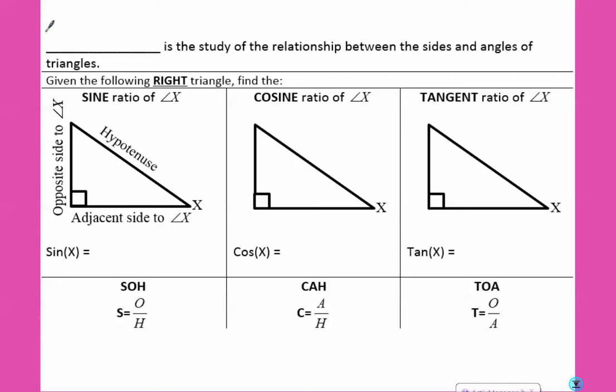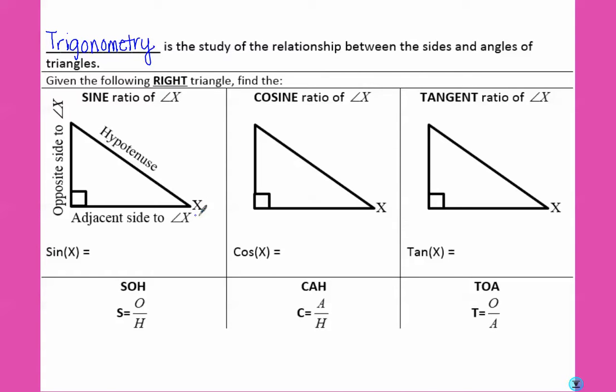So, trigonometry is the study of the relationship between sides and angles of triangles. So, given the following right triangle, and we're going to be dealing lots with right triangles in this unit.